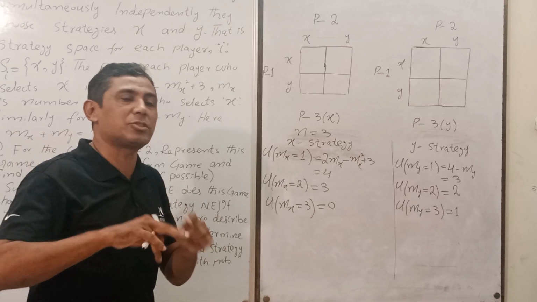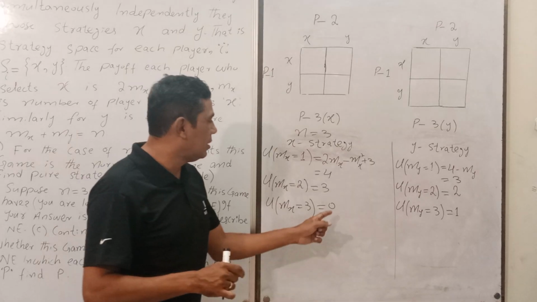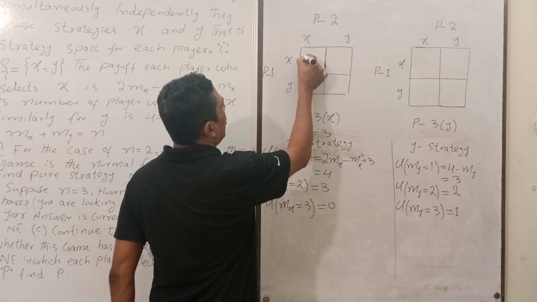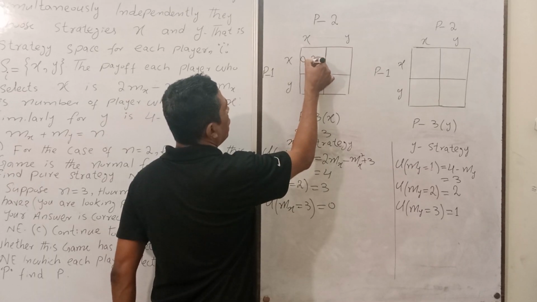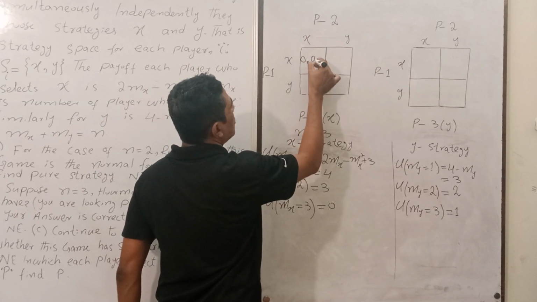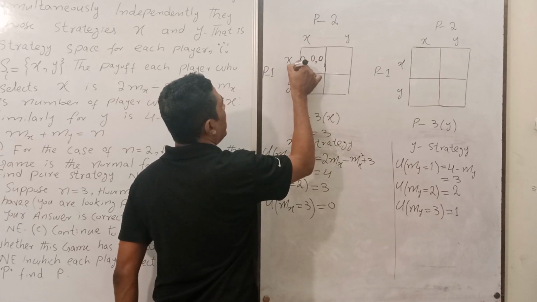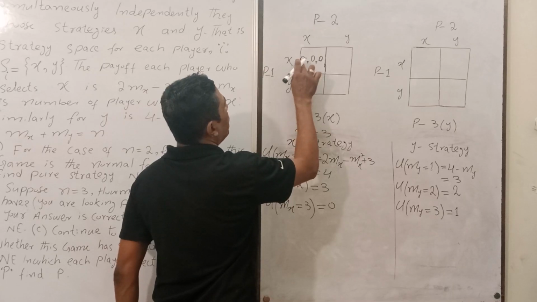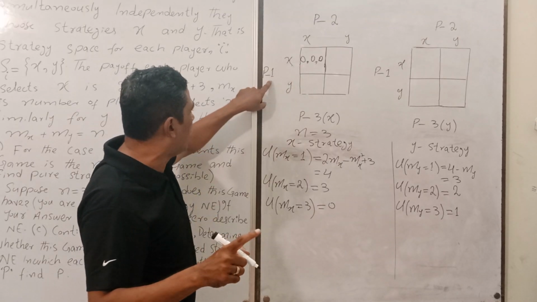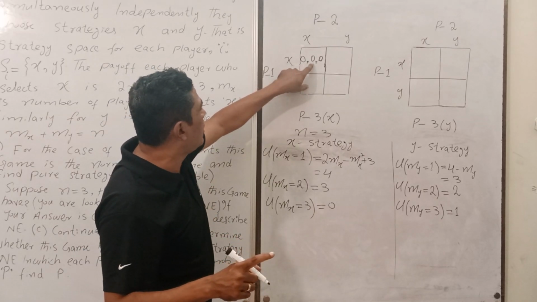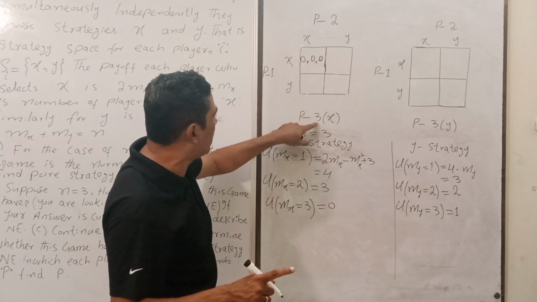When all players play strategy X, that is mx equal to 3, so payoff for 1 comma payoff for 2 comma payoff for 3. I have already told you, the first element represents payoff of player 1, the second element represents payoff of player 2, the third element represents payoff of player 3.